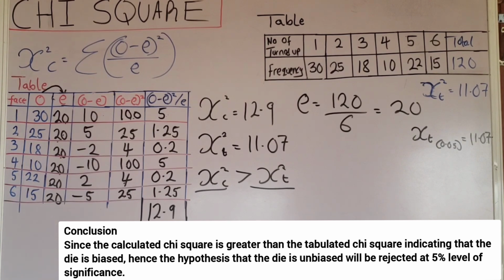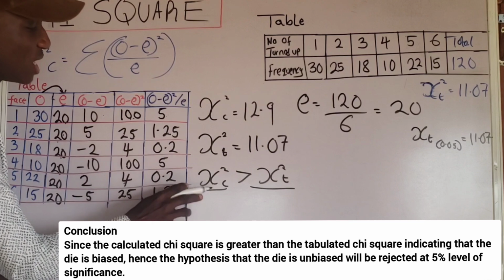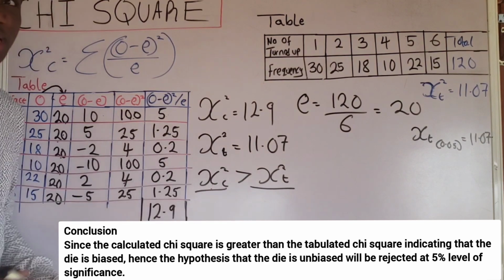If the die is unbiased, we are going to accept the null hypothesis. Now, the die is biased, so we are going to reject the null hypothesis and accept the alternative hypothesis. And how do we know that the die is biased? We know because the calculated chi-squared is greater than the tabulated chi-squared.